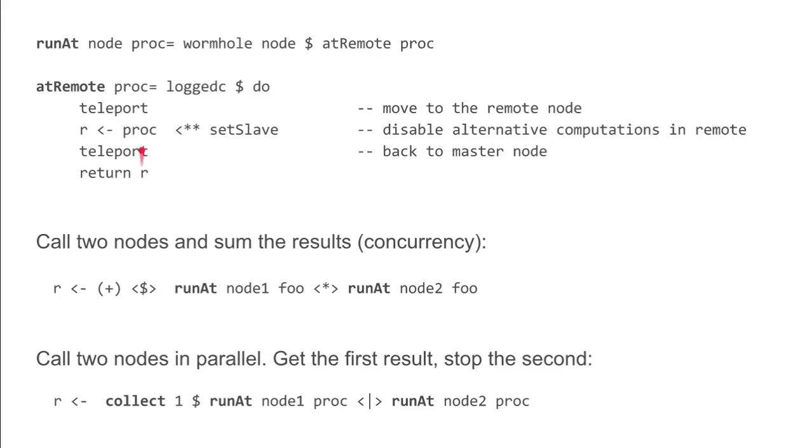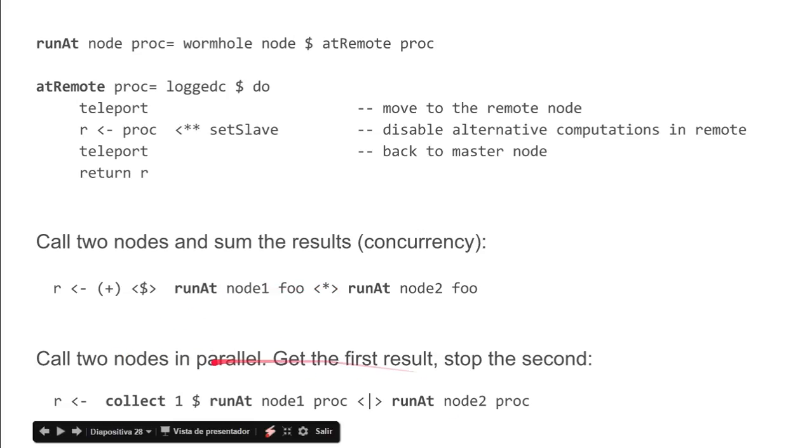We can do whatever combination that we use for concurrent and parallel programming. For example, running two things in different nodes and getting the result and summing the results using applicative. Or we can execute two computations in parallel.